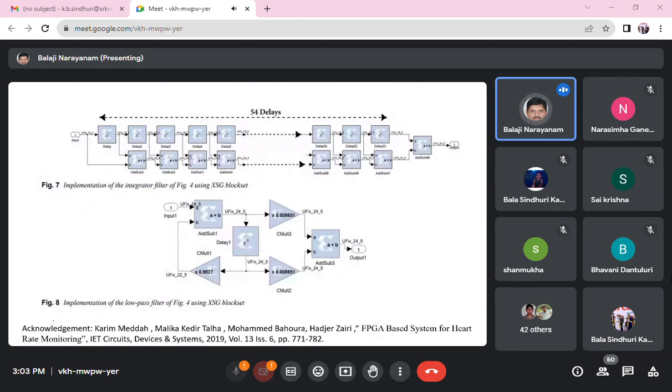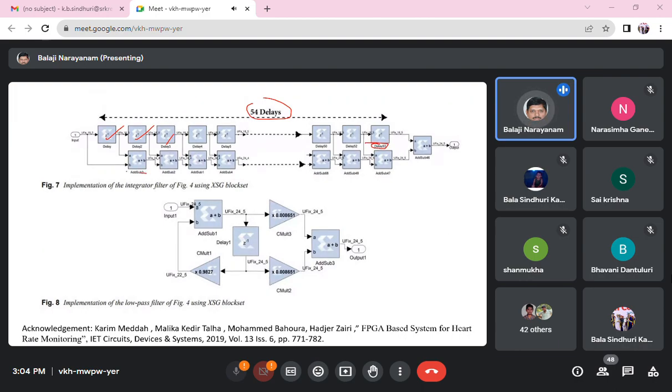Then here is the implementation of the integrator filter. You observe the various delay elements here: first delay, delay 2, delay 3, and so on. We said 54 delays, so starting from delay 1 to delay 53 we have 54 delay elements.